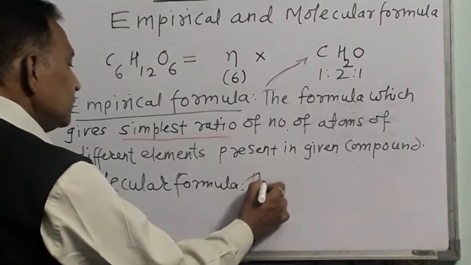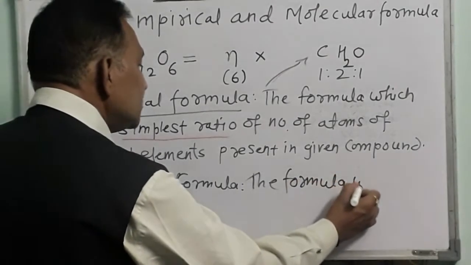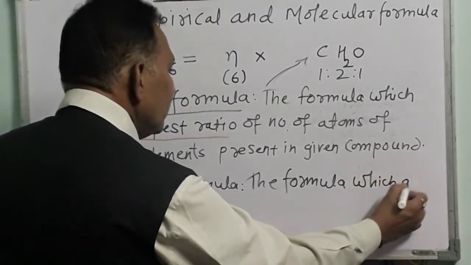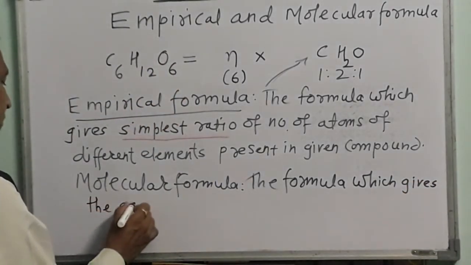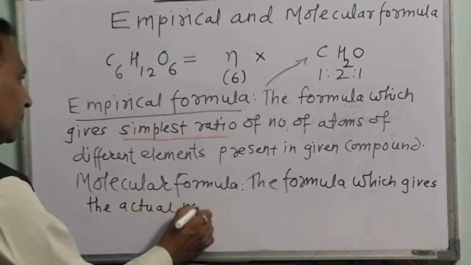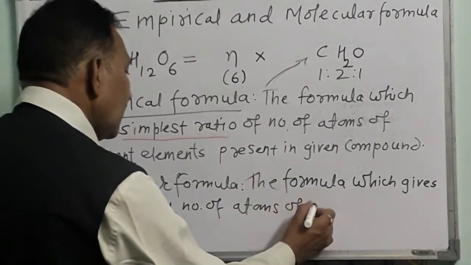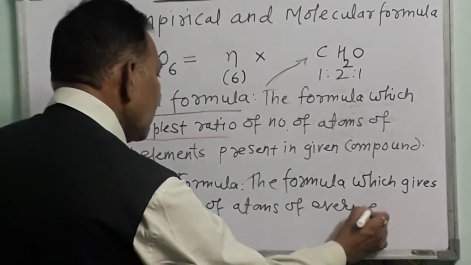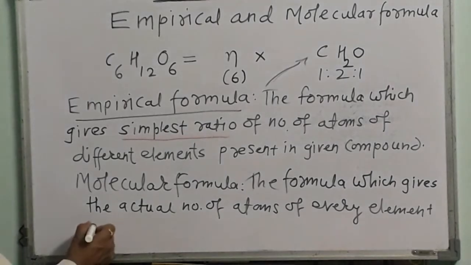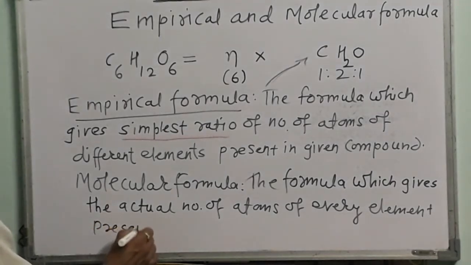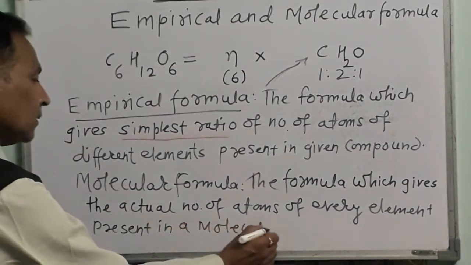the formula which gives the actual number of atoms of every element present in a molecule.